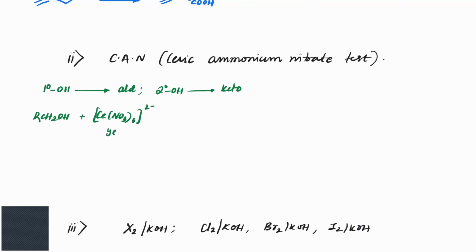So this is a yellow color solution which after treatment will convert into RCH2O-Ce(NO3)5 2 minus plus H plus plus NO3 minus.